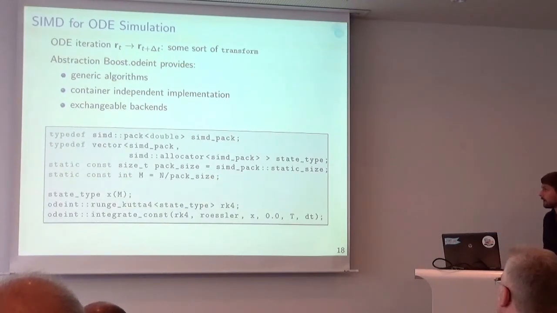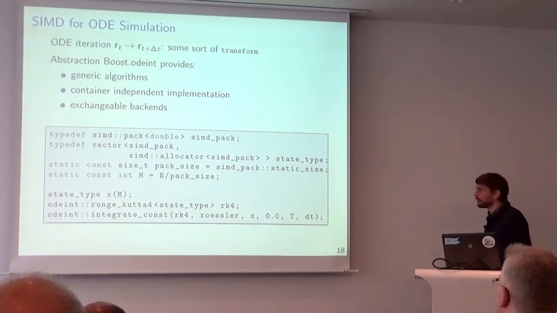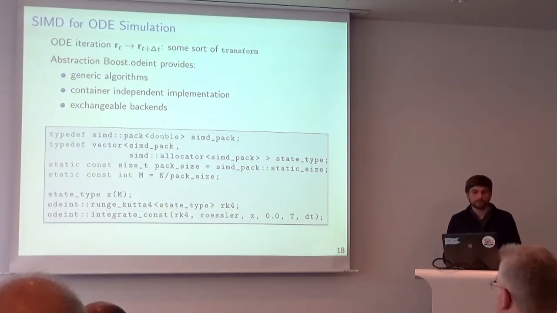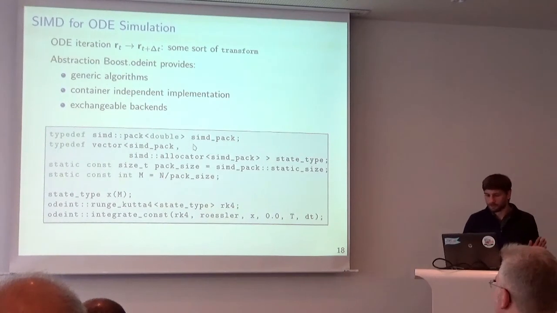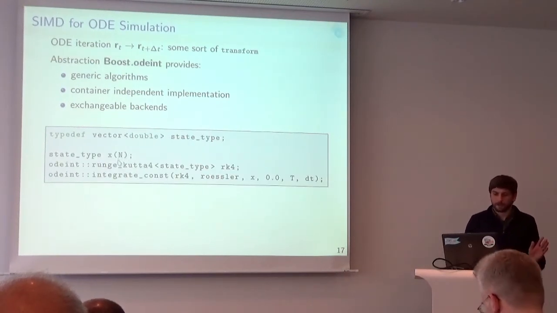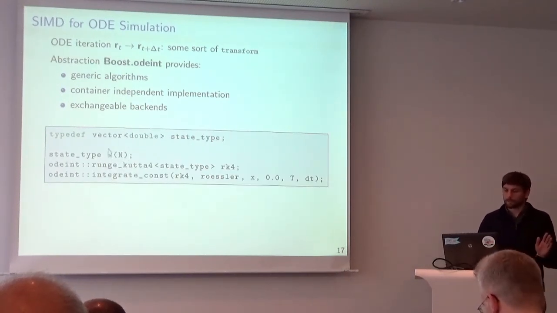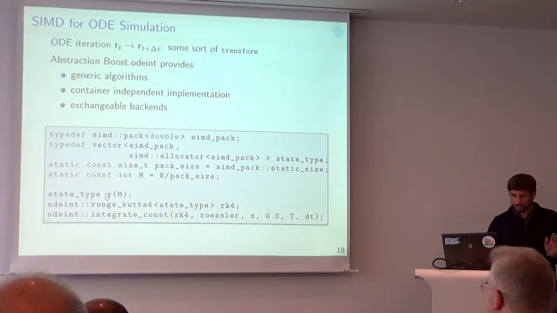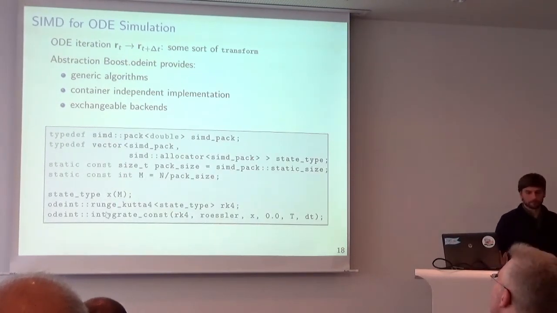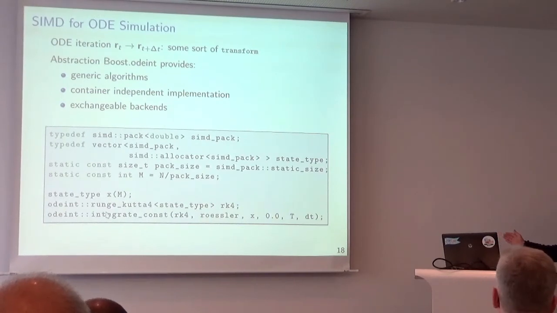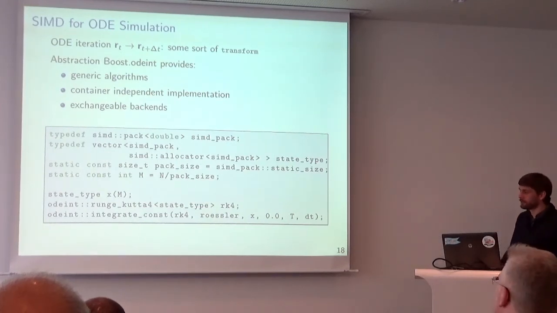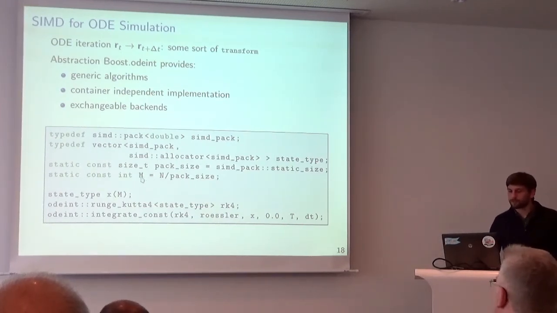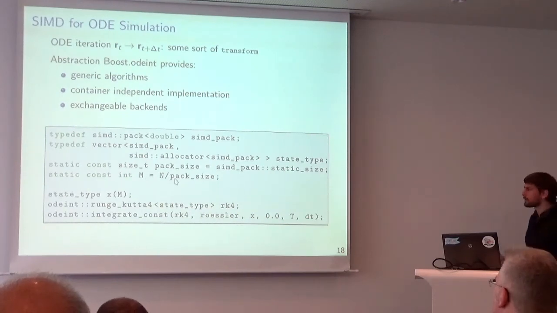Now if I want to employ Simdi instructions, again, the only thing I have to change is some type defs in the beginning. So if you look here, this is my algorithm of ODE integration, and it's the same down here. So again, I only have to change some type defs. I have to make sure that I'm not computing 4 times too many values by reducing my vector size accordingly to the pack size.